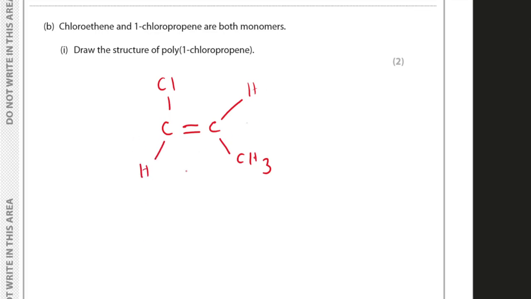Now obviously when you draw the structure of the polymer from the monomer, the double bond basically breaks, so eventually you get something like this.